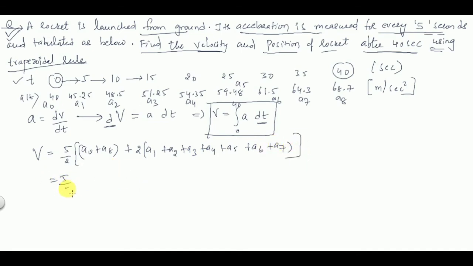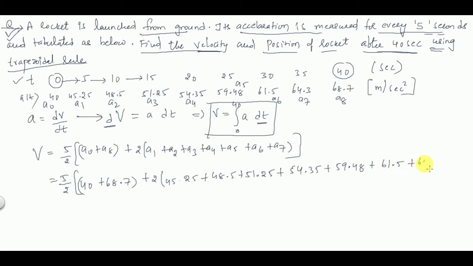So 5 by 2 into a0 plus a8, it will be 40 plus 68.7, plus 2 into a1 value 45.25, a2 is 48.5, a3 is 51.25, a4 is 54.35, a5 is 59.48, a6 is 61.5, a7 is 64.3.